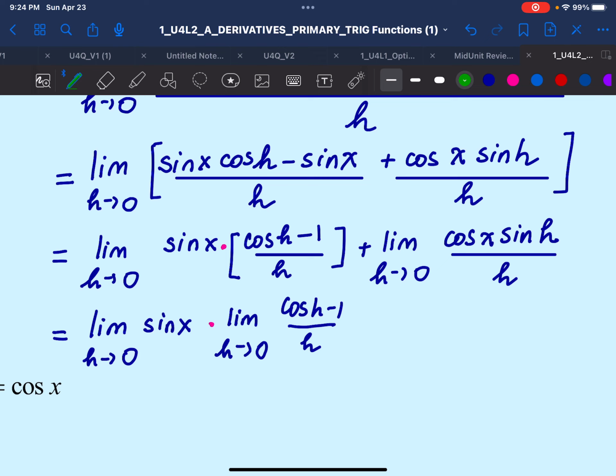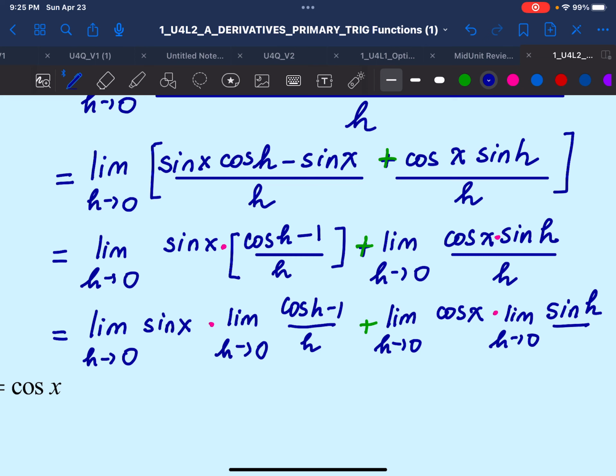And then we have plus, so this plus in here. And we are applying the same idea in here. You have cosine of x times sine h over h. So we will split this limit into the limit as h approaches 0 of cosine of x multiplied by the limit as h approaches 0 of sine h divided by h.